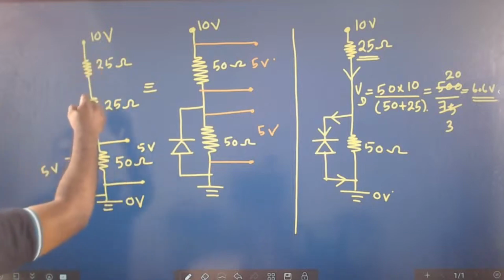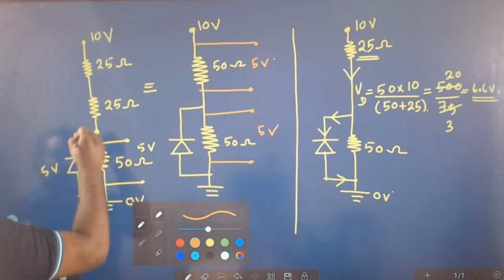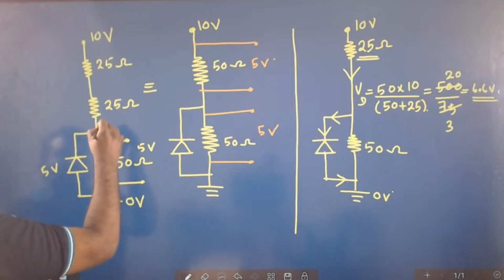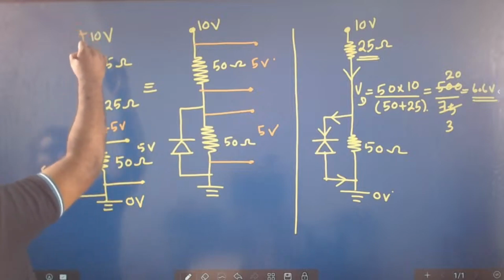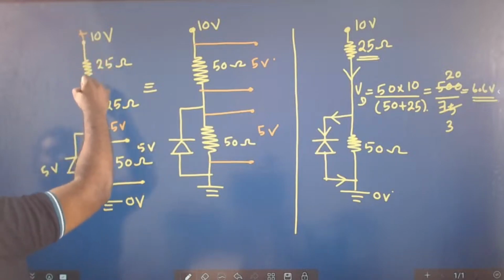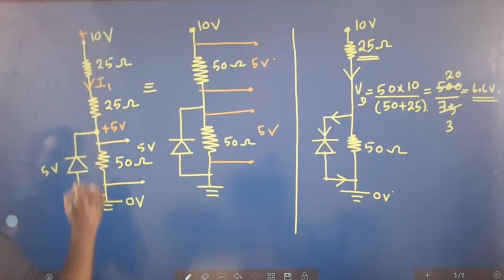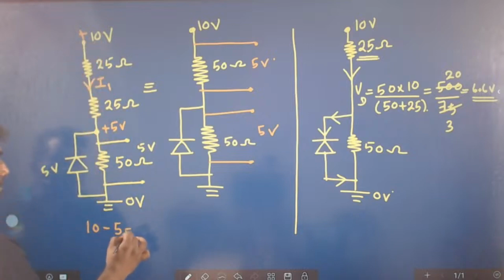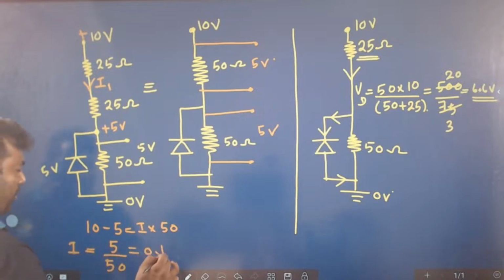So the voltage difference there is 5 volt. Here 0 to 5, so 0 to plus 5 to 10. So the potential difference there is 10 minus 5. Current into total resistance 50. 5 divided by 50. Current there is equal to 0.1 amperes.